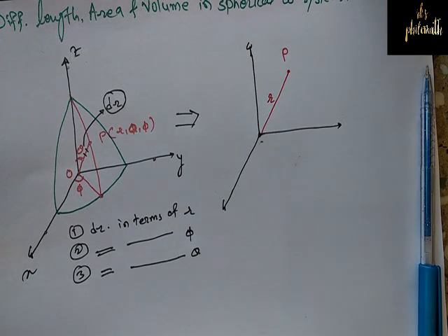Now say this particular point P is placed in this spherical coordinate system.